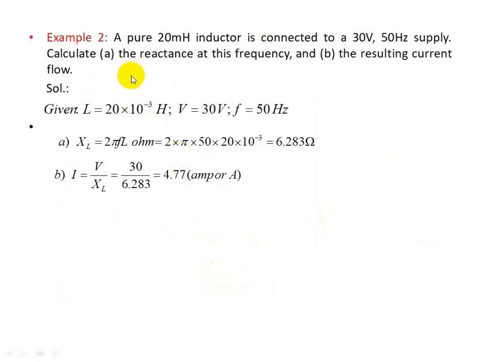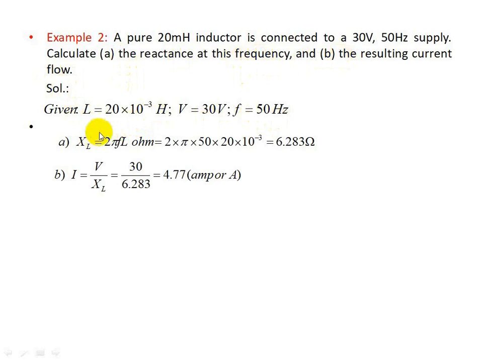Coming to the example: a pure 20 millihenry inductor is connected to a 30 volt supply. Calculate A, the reactance at this frequency, and B, the resulting current flowing in the circuit. The values given in the problem are L is 20 millihenry, supply voltage is 30 volts and frequency is 50 hertz.